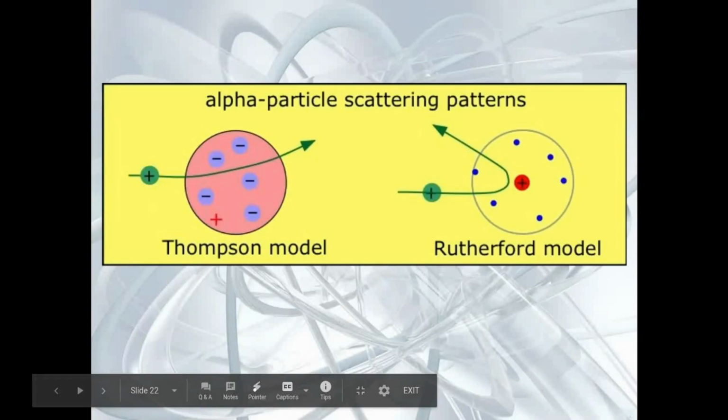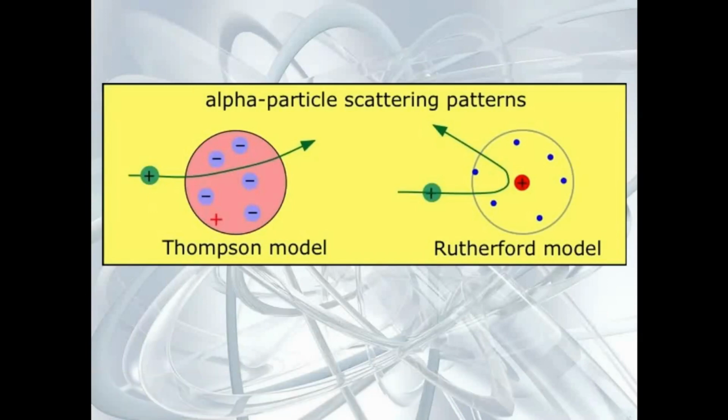So if we're comparing the Thomson model, the plum pudding chocolate chip cookie dough model, with Rutherford's model, we can see that with Thomson's model, the electrons are spread throughout and the positive charge is also equally distributed throughout.